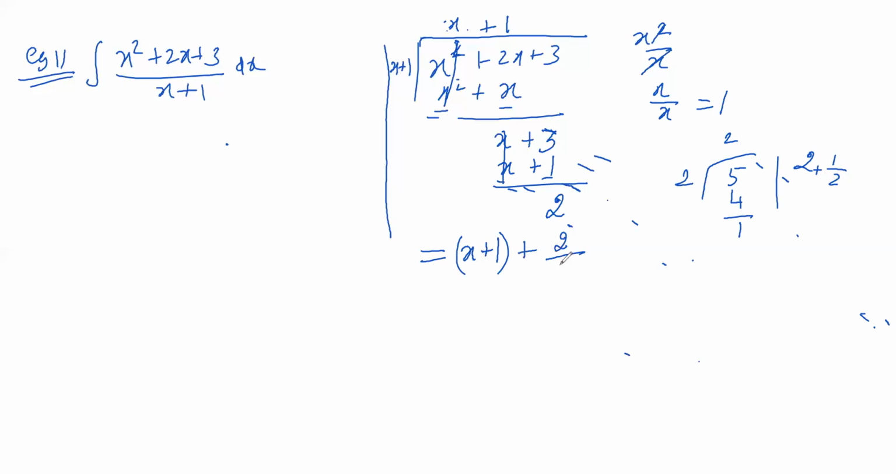The sign between 2 and 1 by 2 is plus, so 2 plus 1 by 2. The same way, we write this as x plus 1 plus 2 by x plus 1.